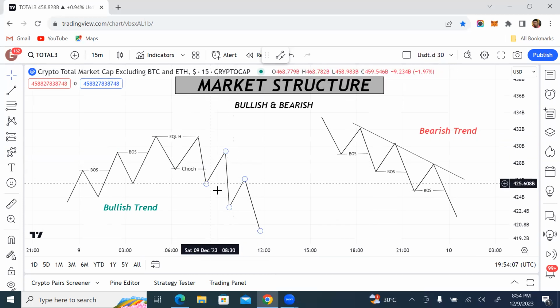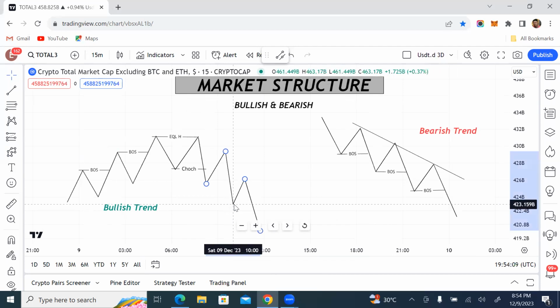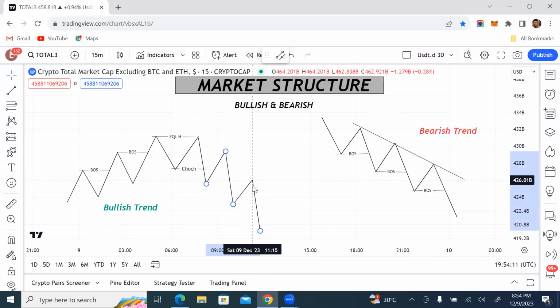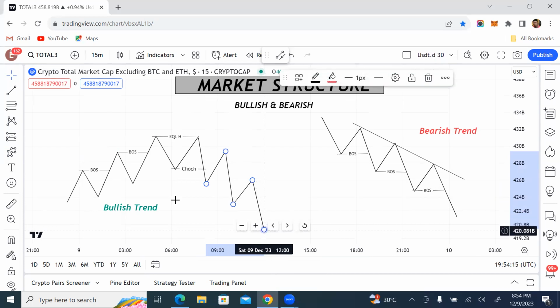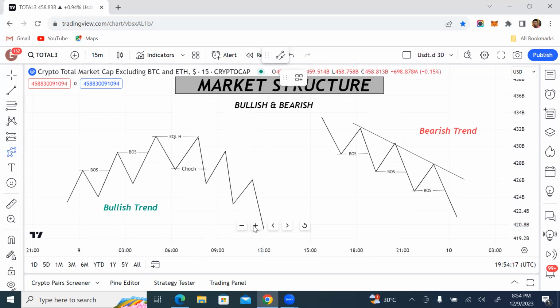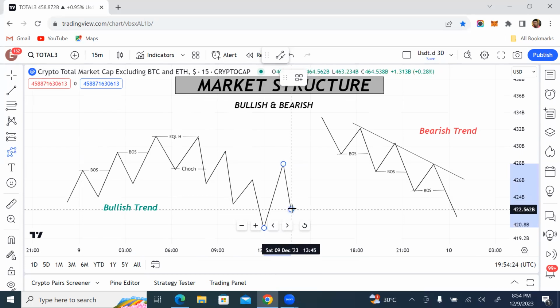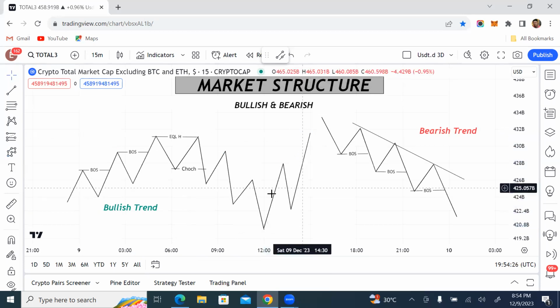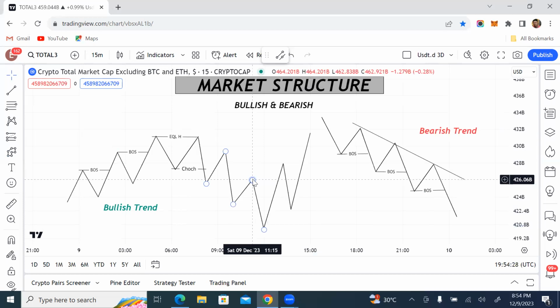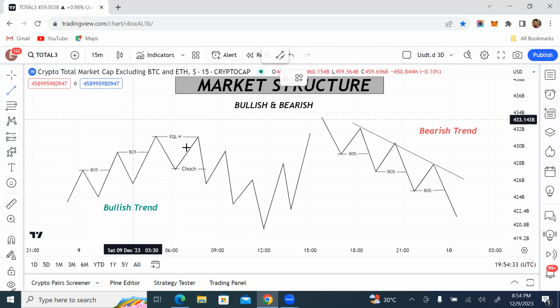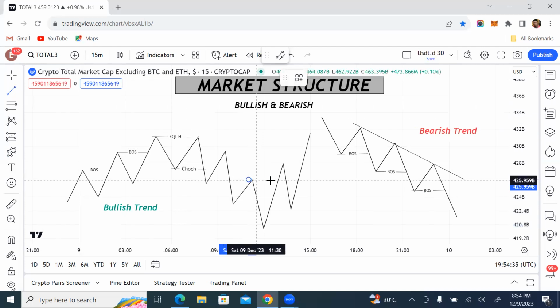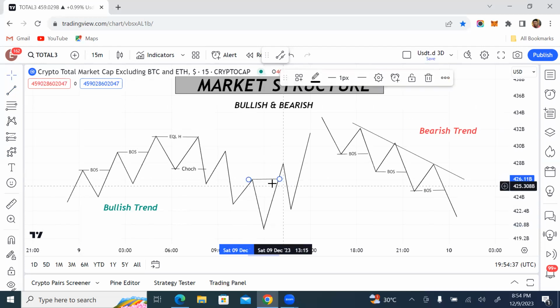Now, price will begin to move in a downtrend, and it continues like that. Let's assume that price does this, and once this point is taken out, here now becomes another change of character, meaning price has moved from bearish to bullish again.